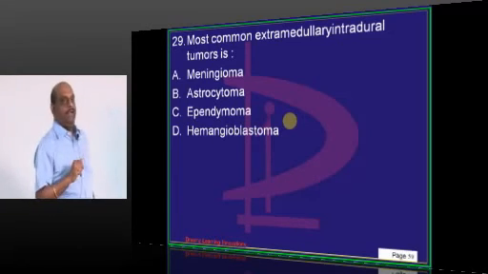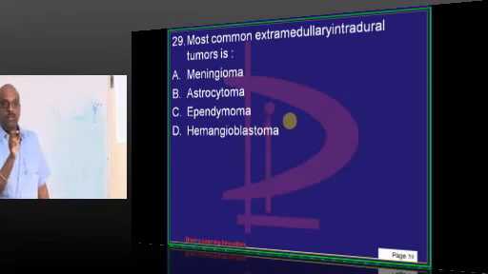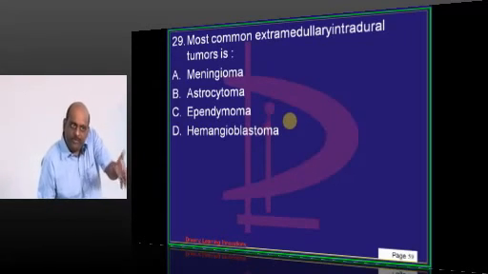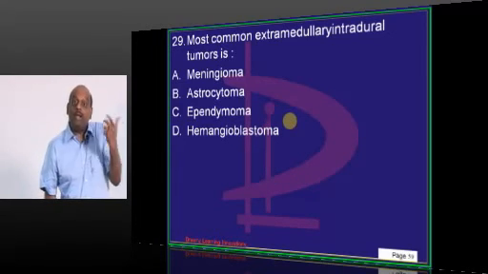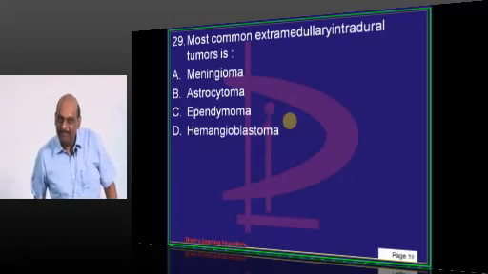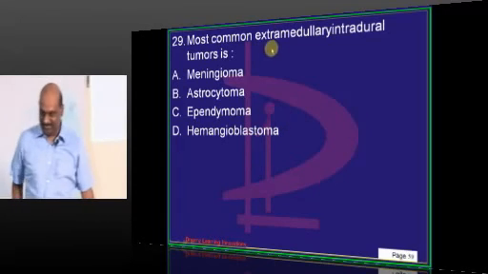Got it doctor? Then what is an extramedullary tumor? An extramedullary tumor which is intradural is something arising from the dura, between the spinal cord and the dura. What can arise from the dura? Meningiomas are all intradural but extramedullary tumors.